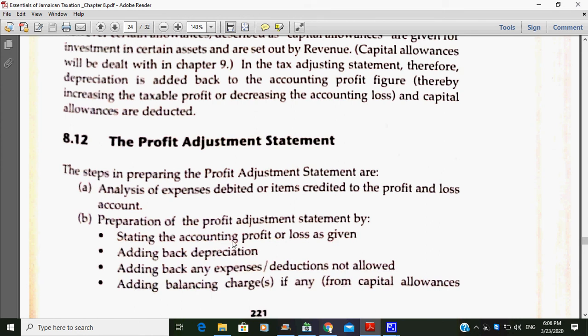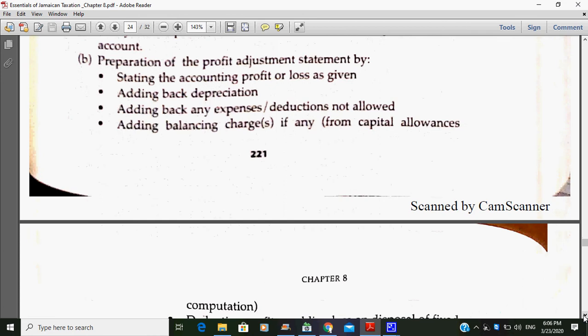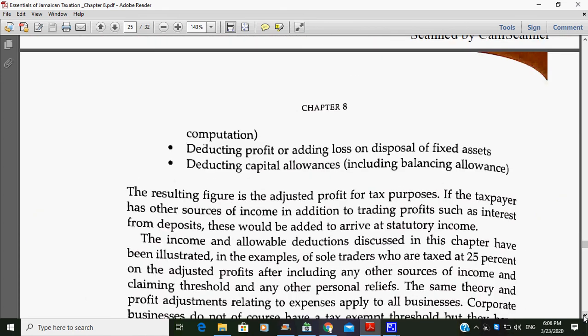Add back depreciation, add back any expenses whose deduction is not allowed, add balancing charges if any from capital allowances, then deduct profit or add loss on disposal of fixed assets, and deduct capital allowances, including balancing allowance. The resulting figure is the adjusted profit for tax purposes.